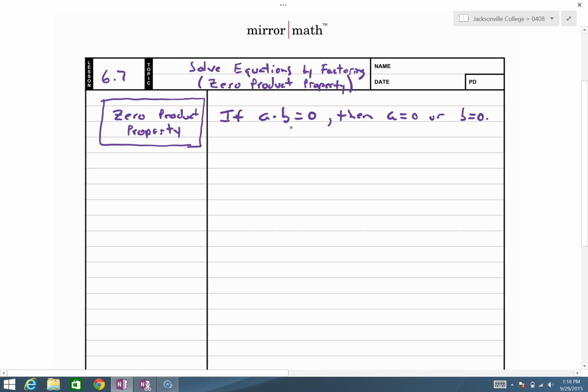How are we going to use this? How will we use the zero product property?